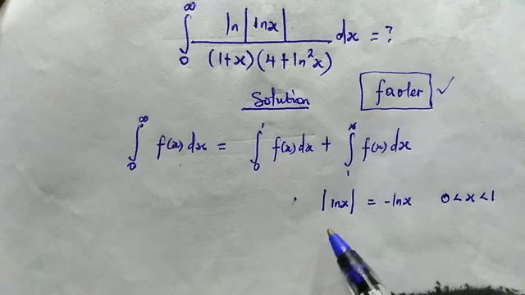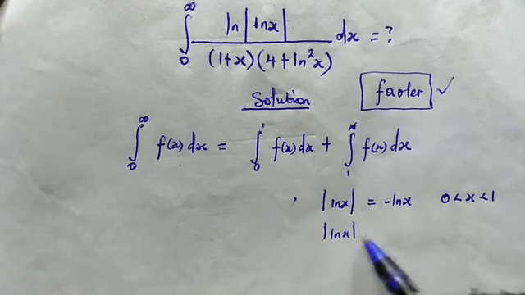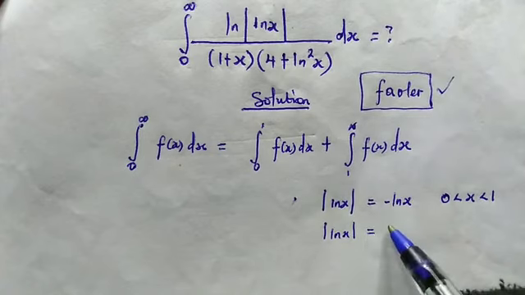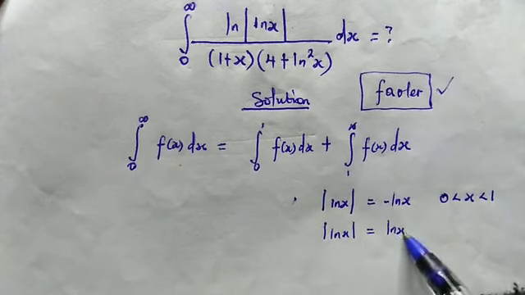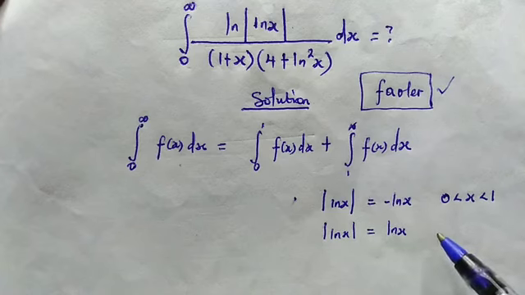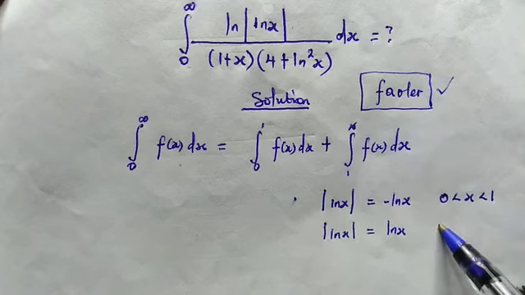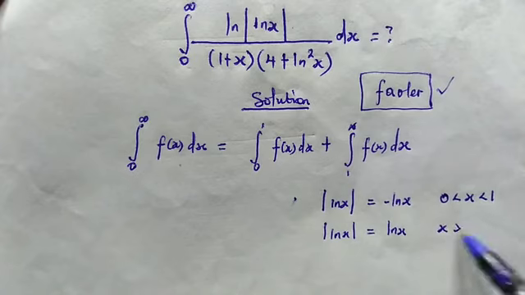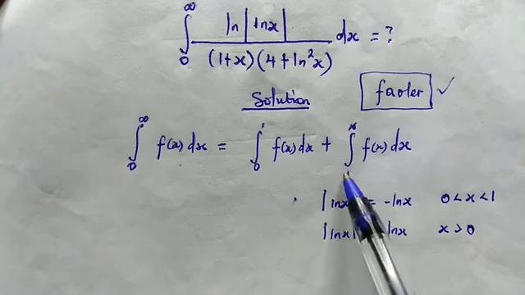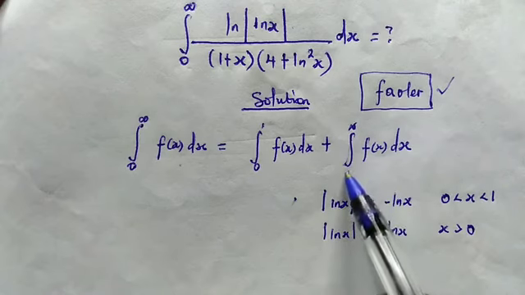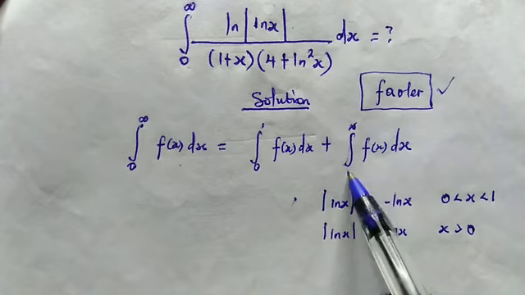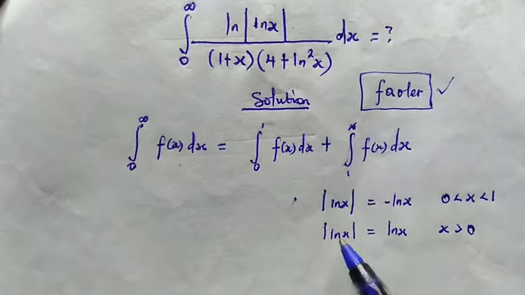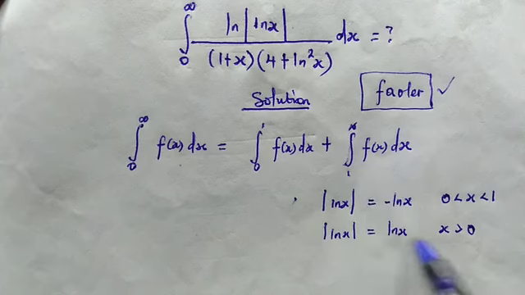And again, the absolute value of the natural logarithm of x is going to be the natural log of x in positive form, where x is greater than 1. And from here we can see that the limit of integration for this second part is from 1 to infinity, so here we are going to make use of this condition.